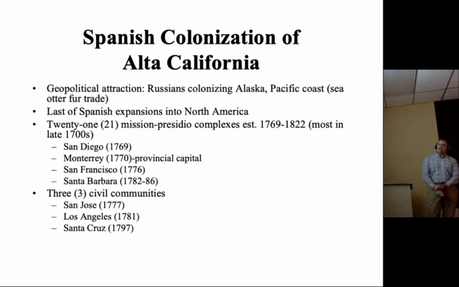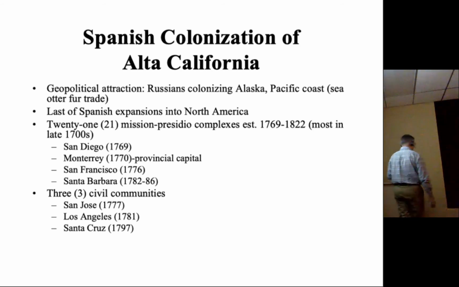In a very, very short time, I've already talked a little bit about California. California was the last area settled by the Spanish, and it was the most half-hearted effort of all because it was largely a matter of administrative things.